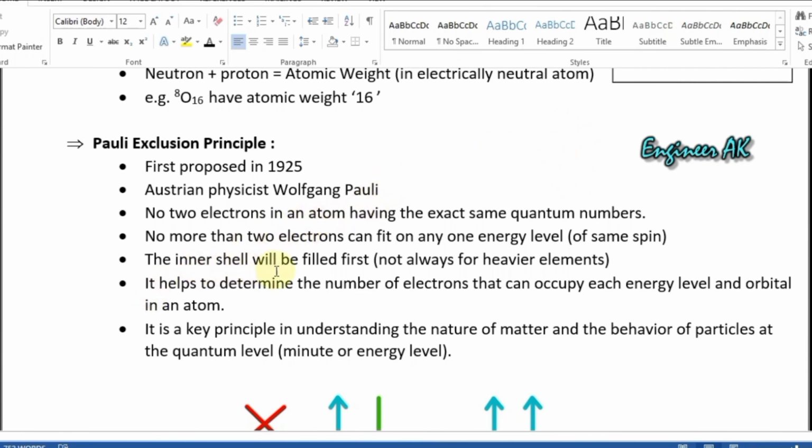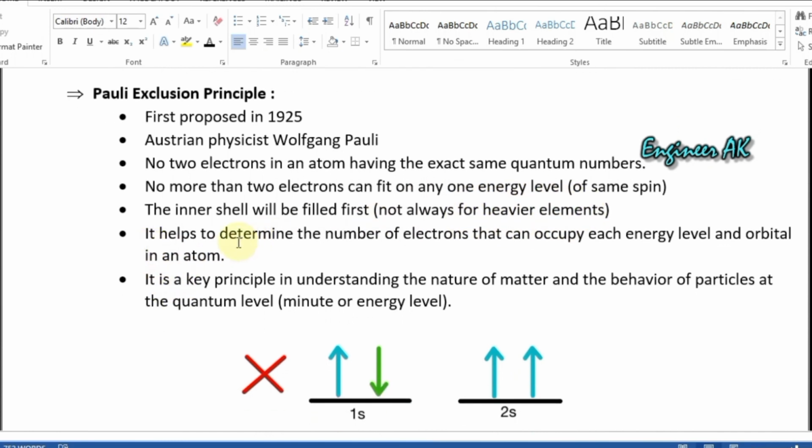The inner shell will be filled first, and then the second and third and so on. But in some cases, in heavier elements, the scenario may change, so it is not true for heavier elements. It helps to determine the number of electrons that occupy each energy level and orbital in an atom.